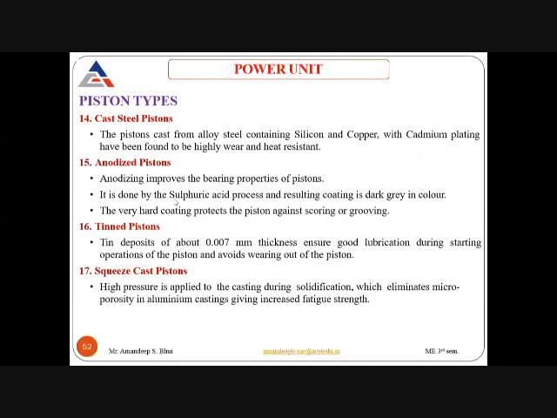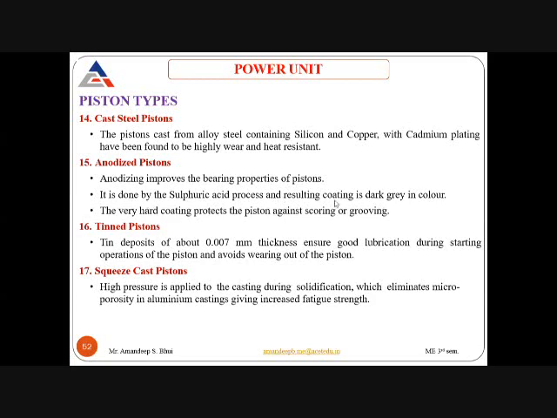In this, we dip the piston in a sulfuric acid bath, and in the sulfuric acid bath, a dark colored micro coating is attained on the top surface of the piston.